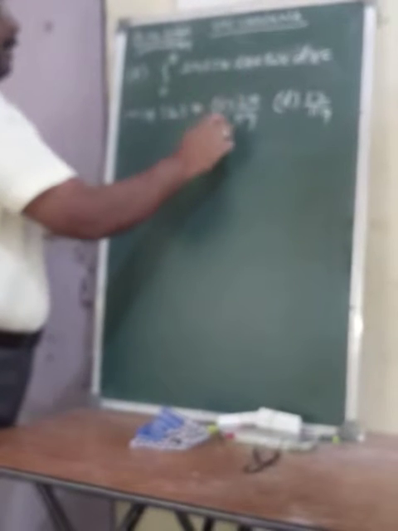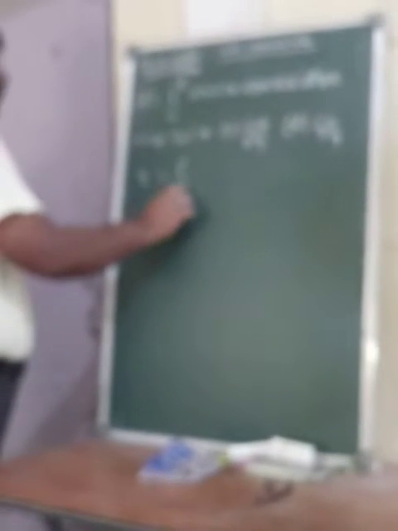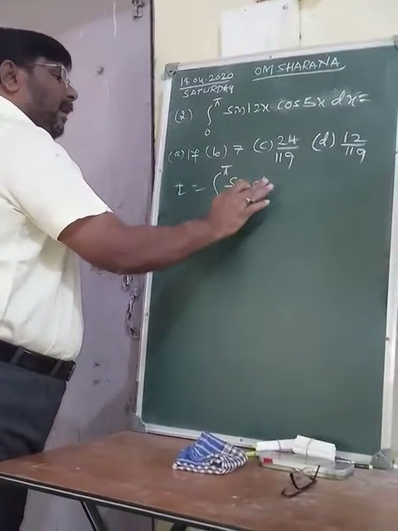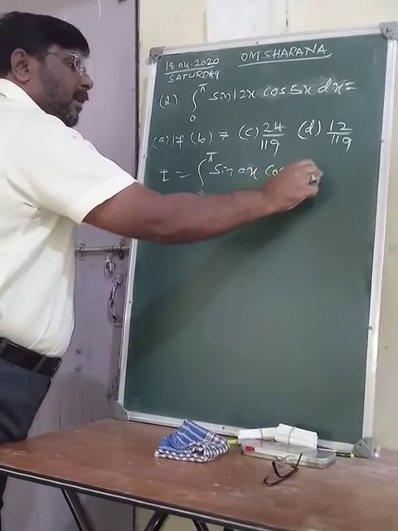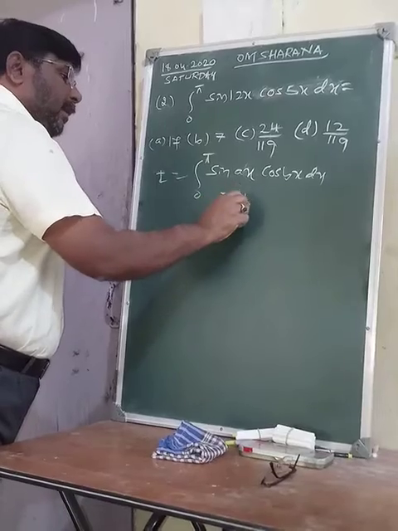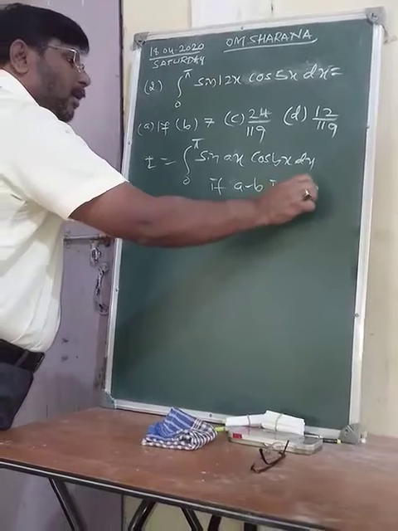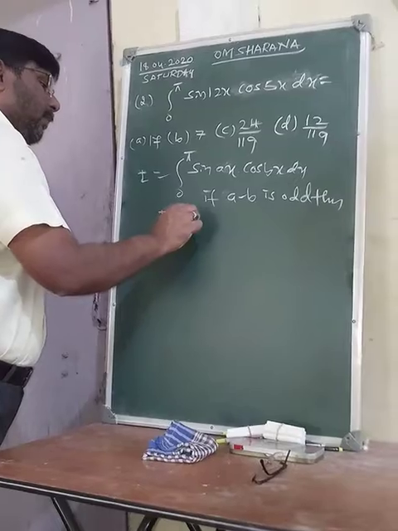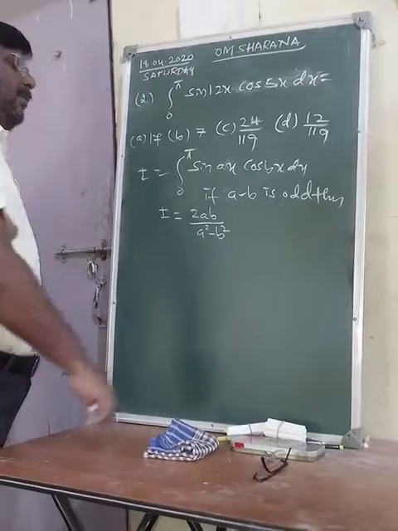Here, if the given integral is of the form 0 to pi sin ax into cos bx dx, if the difference a minus b is odd, then the value of the integral is equal to 2ab divided by a square minus b square.